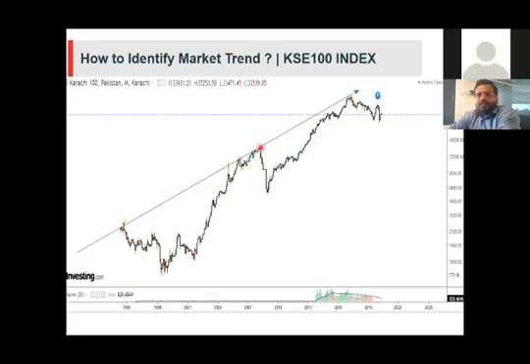For example, this is a long-term chart of USD PKR on a monthly basis from 1998 to 2020. As you can see, you need to see the local currency impact against the USD.